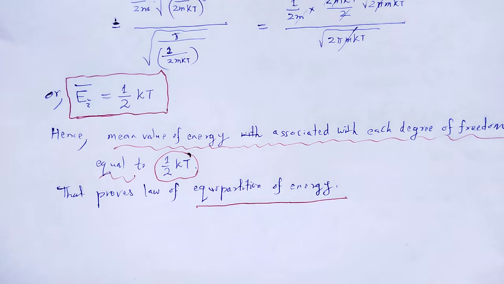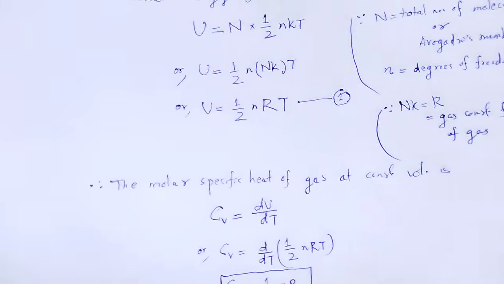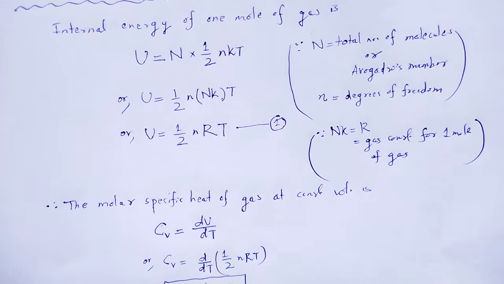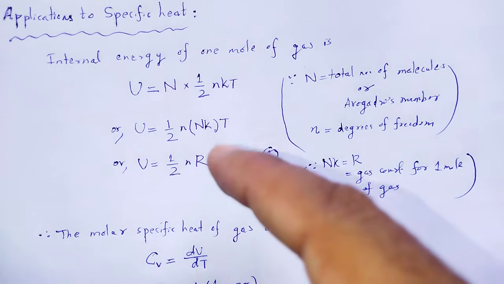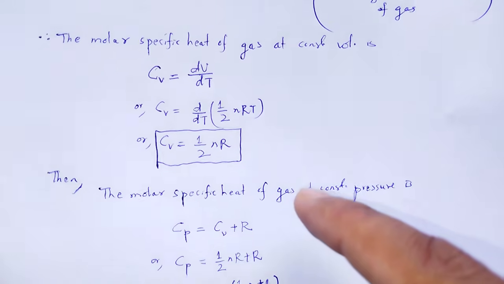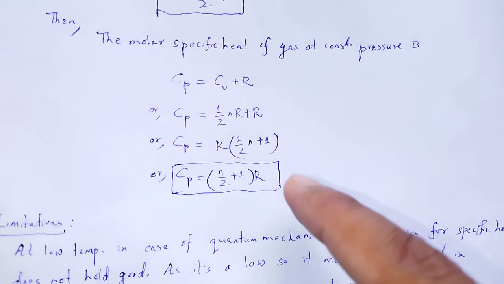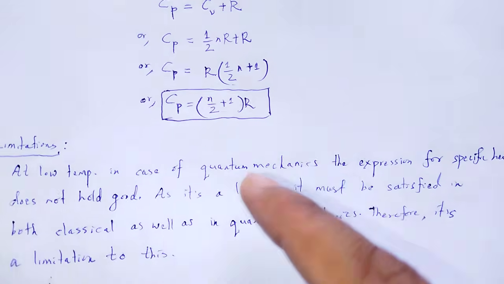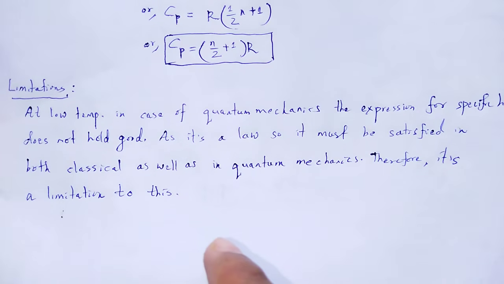By using that law of equipartition of energy, we calculate the specific heat of gas at constant volume and the specific heat of gas at constant pressure, and then its limitations.